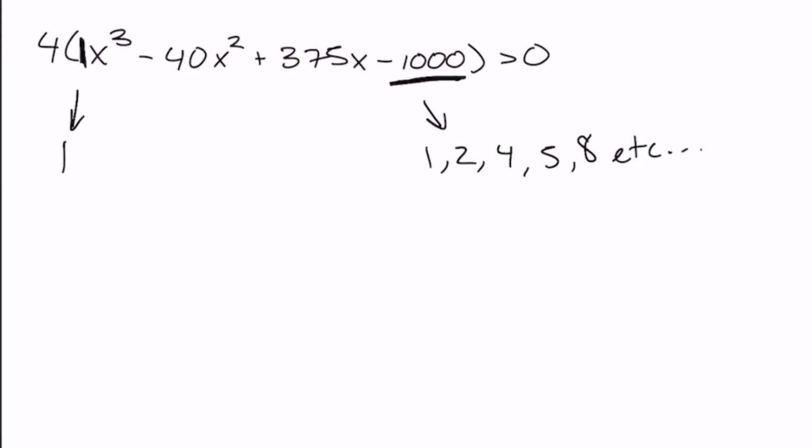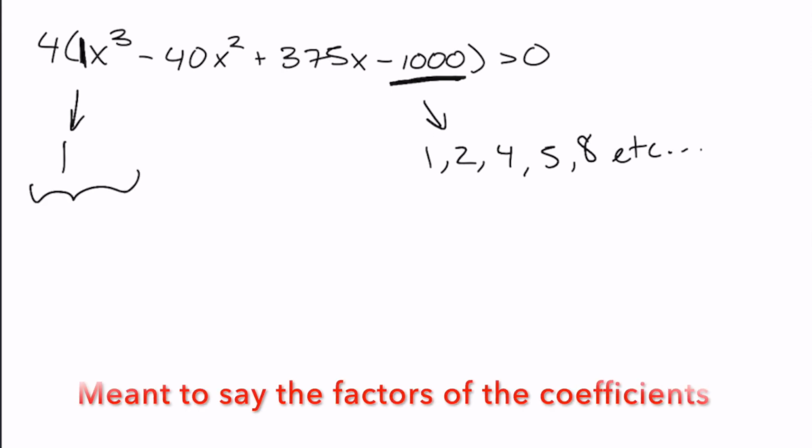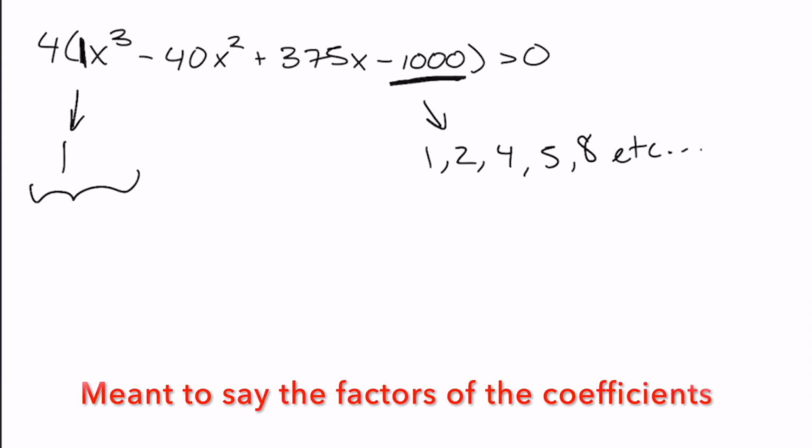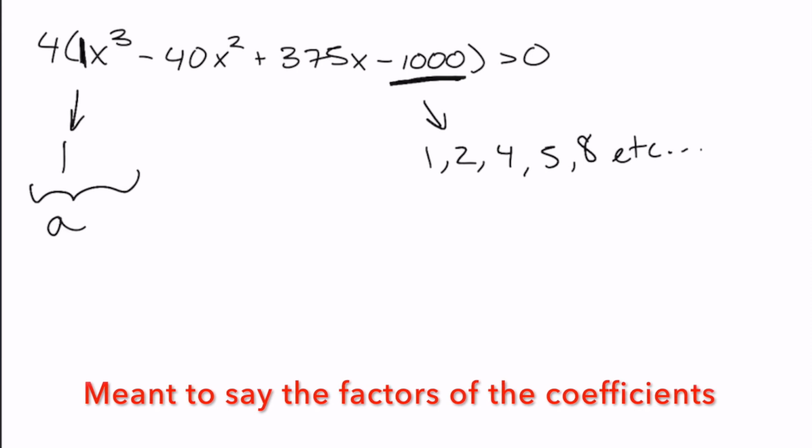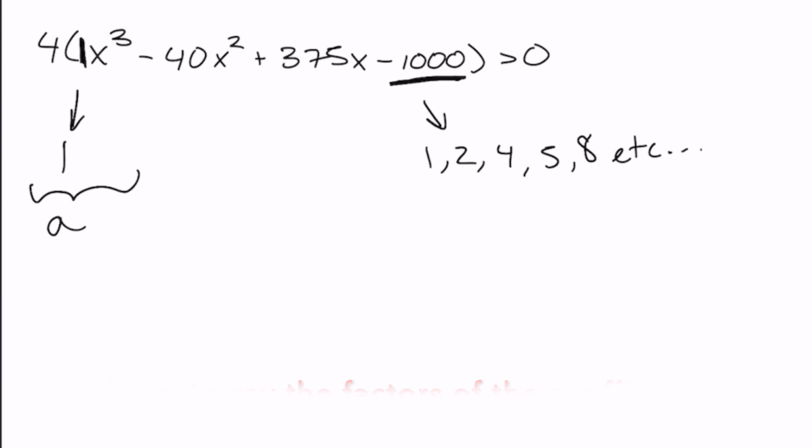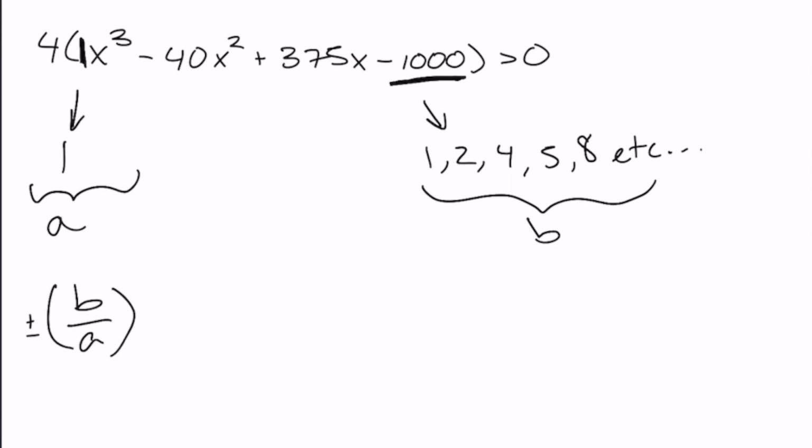And so to use this theorem, the coefficient of the leading term, let's just call that A, and the coefficient of the last term, the constant, let's call that B. So B divided by A, and we're going to find both the positive and negative values for this.